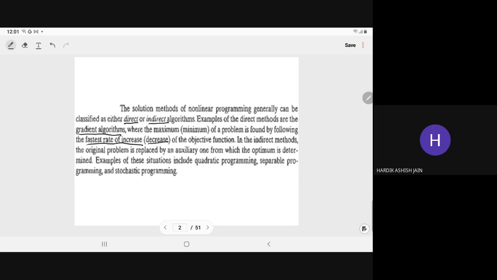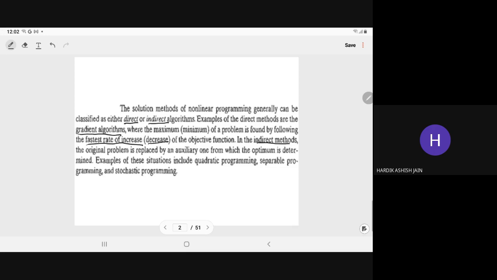If it is a maximization problem, we follow the path of the fastest increase, and if it is a minimization problem, we follow the path of the fastest decrease. For example, a river always follows the path of the fastest decrease, from high altitude to low altitude. In the same fashion, we proceed with the objective function.